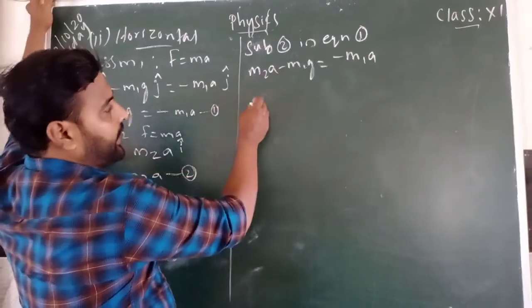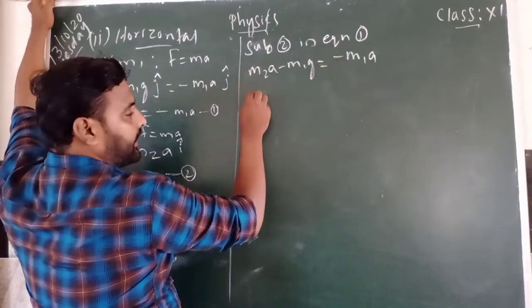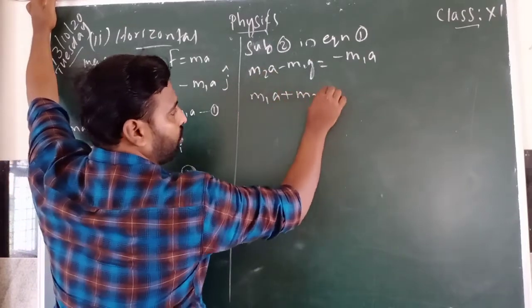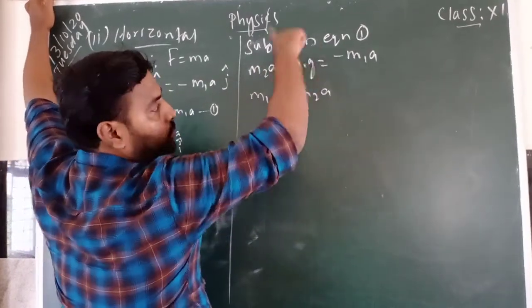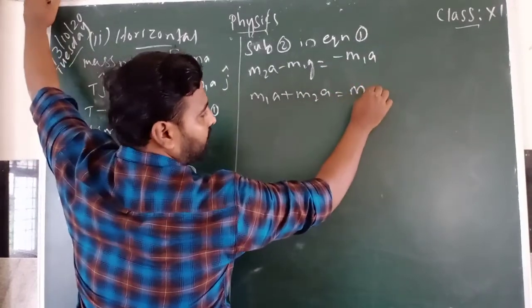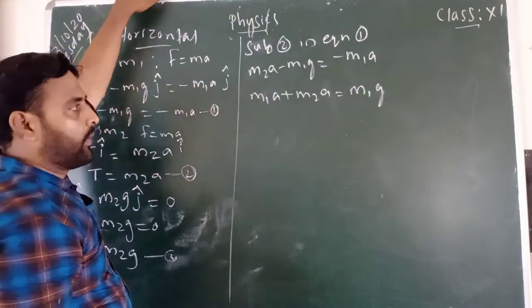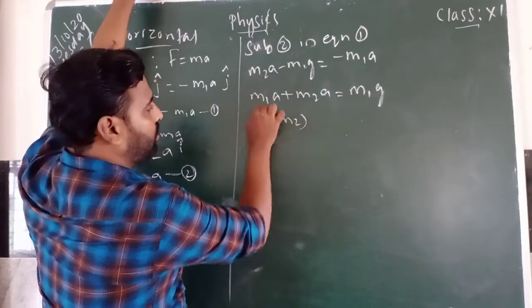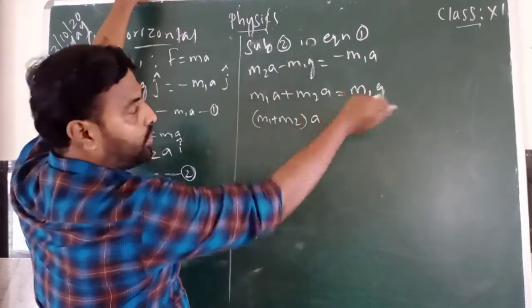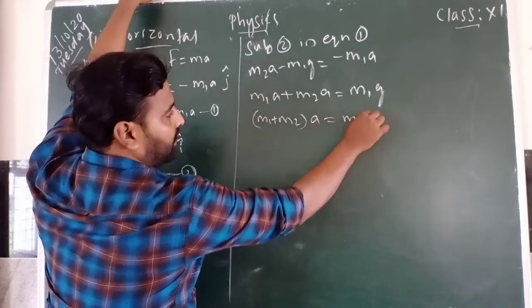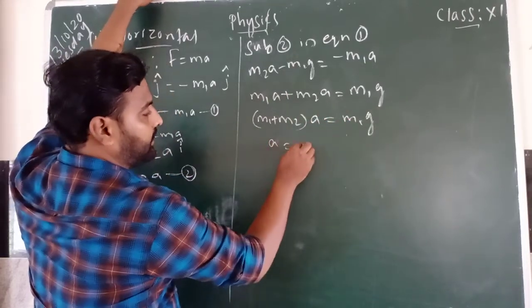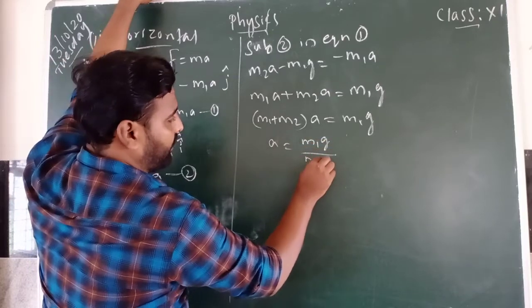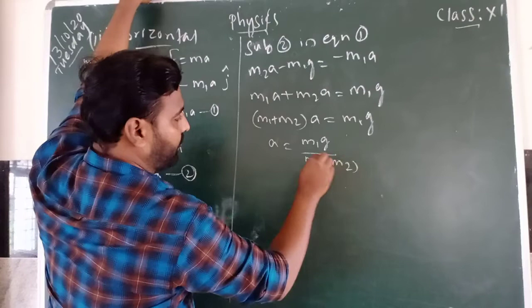Rearranging, take minus M1A to the other side: M1A plus M2A, and take minus M1G to the other side, so plus M1G. Taking A common outside, M1 plus M2 times A equals M1G, so A is equal to M1G divided by M1 plus M2.